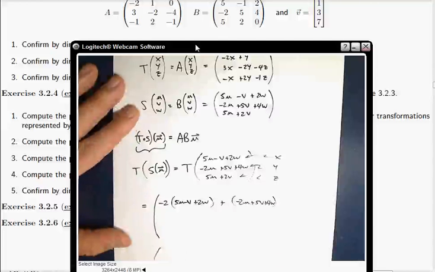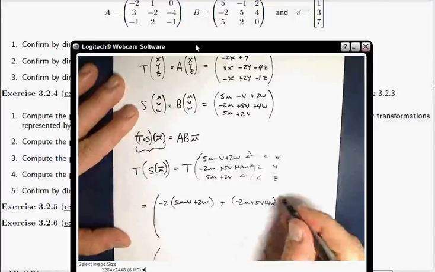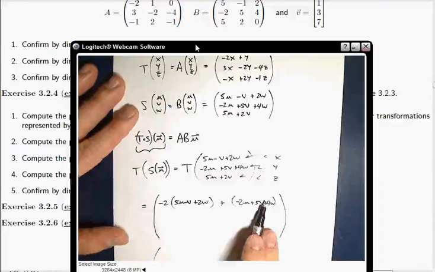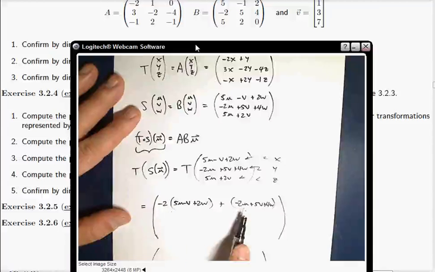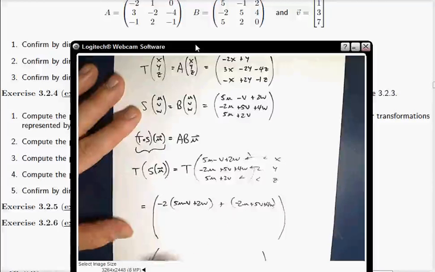Once I do the other components, this is going to simplify. Let's collect terms. I've got negative 10U and another minus 2U, altogether negative 12U. How many V's do I have? Plus 2V plus another 5V, so that's plus 7V. And then I have minus 4W plus 4W, so plus 0W.